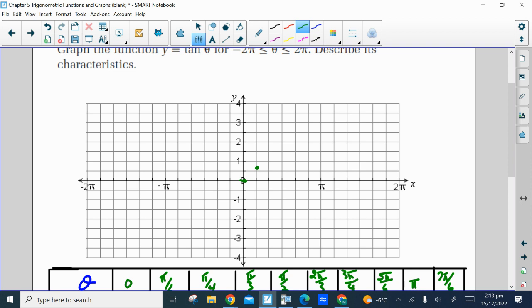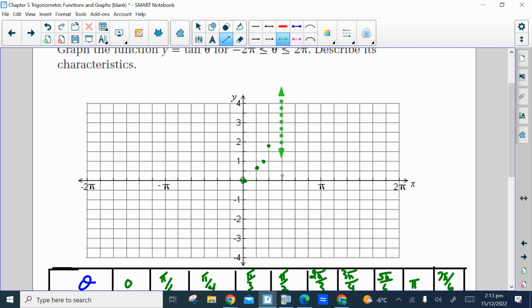And then at pi on 4, which is a quarter pi, because between 0 and pi is divided up into 6 sections, you have to take 1/4 of that. And 1/4 of 6 is the same as 6 divided by 4. It's 1.5. So 1.5 units, we're at a value of positive 1, which is right there. And then at pi on 3, which is 2 pi on 6s, we're at 1.73, approximately right there. And then at pi on 2, which is 3 pi on 6s, it's undefined.